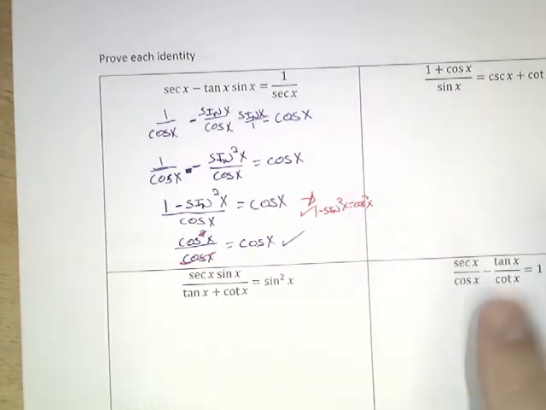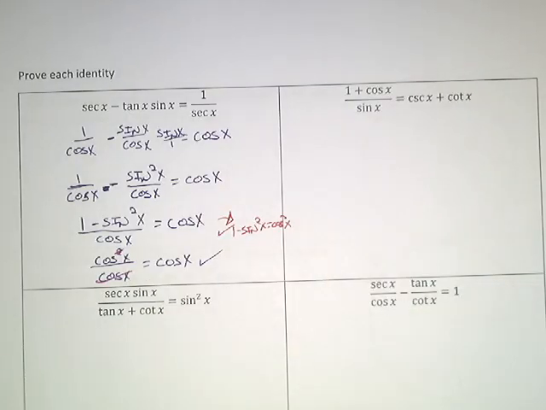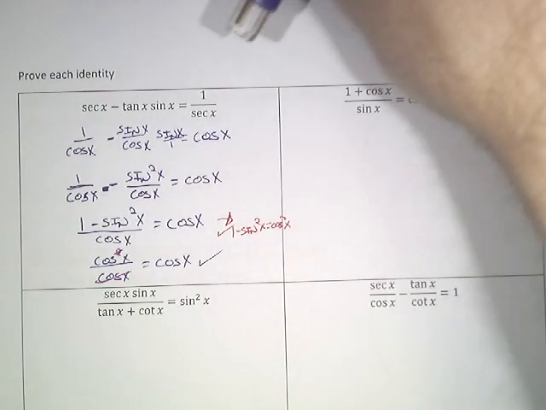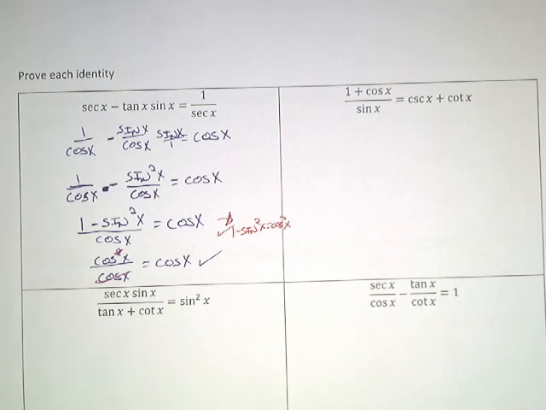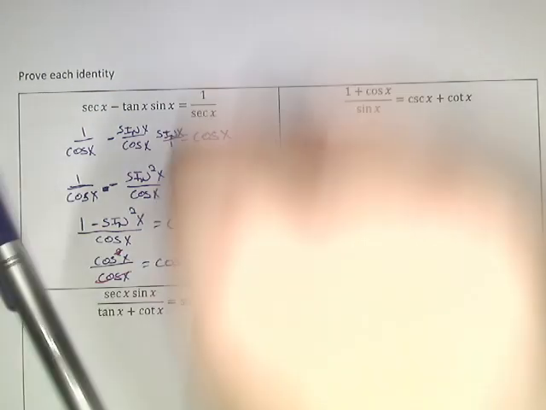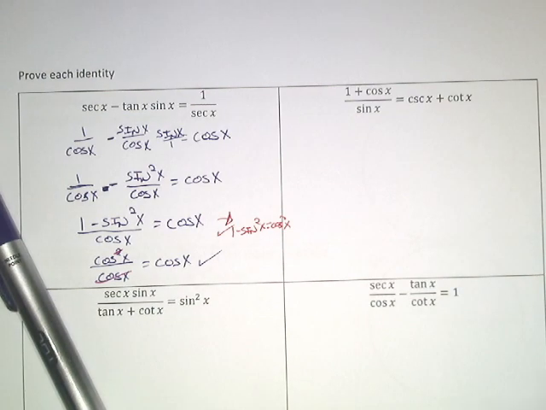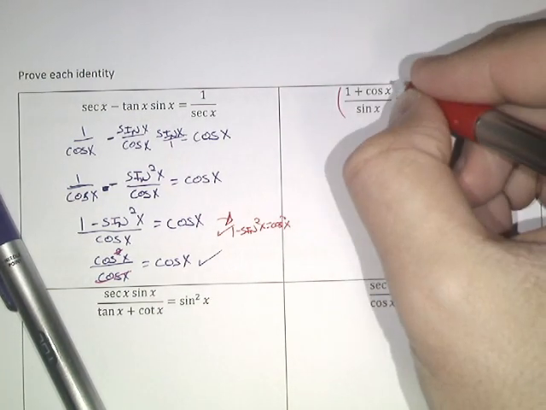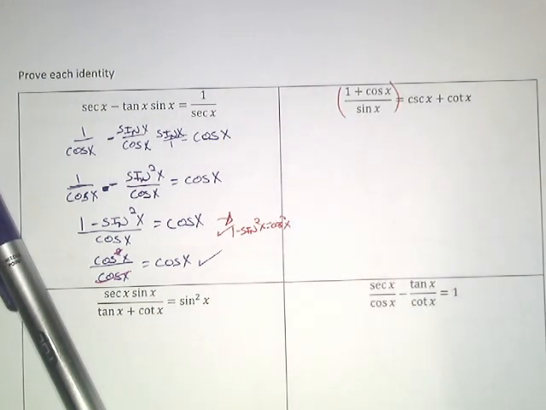Okay, this guy over here: 1 plus cosine x over sine x is cosecant x plus cotangent x. I think what I'm going to try first is to get rid of this denominator.